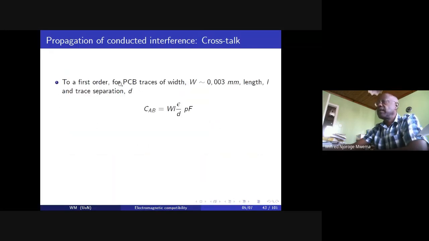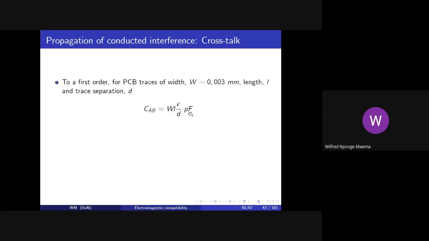So to first order, for PCB traces of width W, approximately 0.003 millimeters, or about 3 microns, with a length L and a trace separation D, the capacitance we can get there will follow the parallel plate capacitance and will be given by the area, which is W multiplied by L, times epsilon, divided by D, in picofarads.